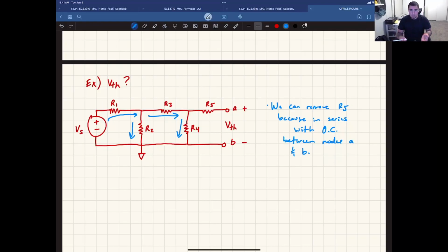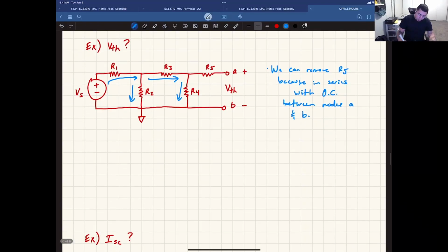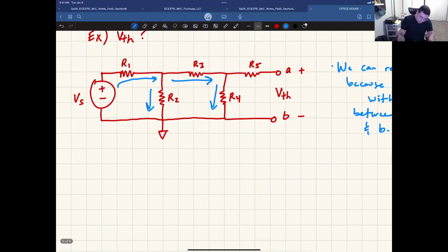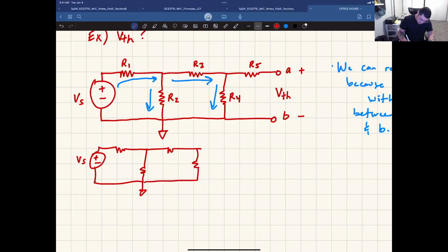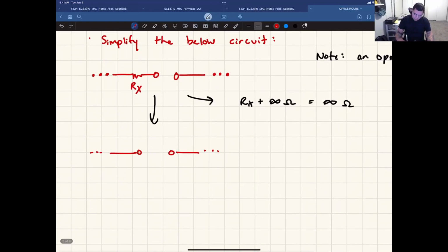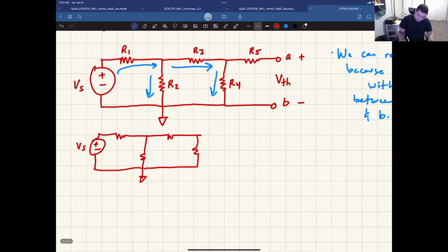So if you were to do this problem, then you would remove R5, and now your new circuit is, one second, you remove R5, or as shown earlier, it's just an open circuit, right? So technically speaking, we just have this now.